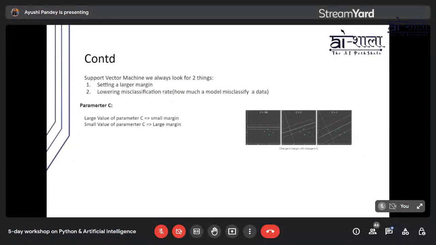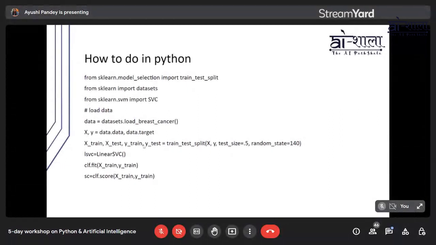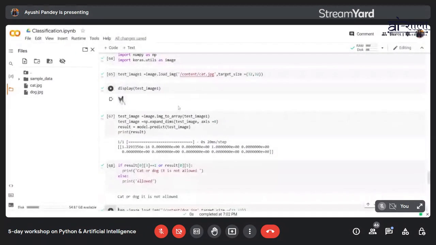Okay, so how is it done in Python? I have a notebook. Before going to this, my model has been trained.